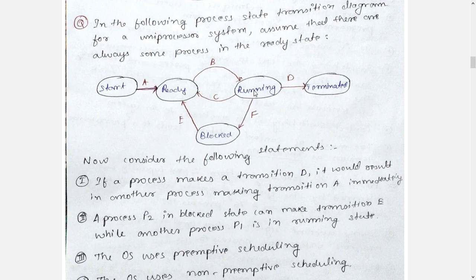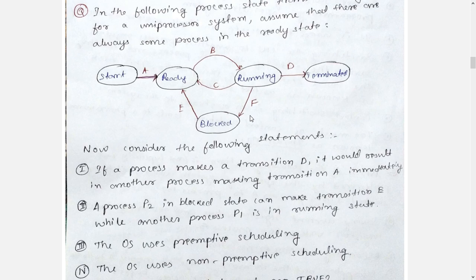The CPU from that process must be snatched and given to the higher priority process. So as we can see, there is a preemption happening here. So the OS uses preemptive scheduling. The OS uses non-preemptive scheduling. This one is wrong as 3 is right.